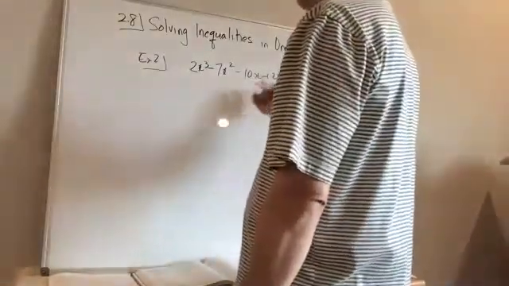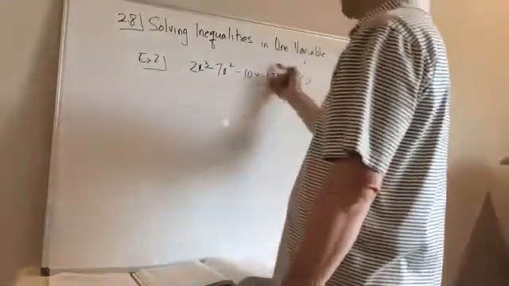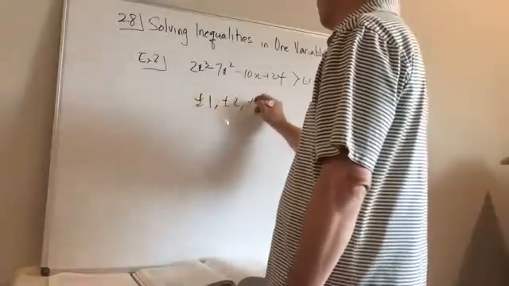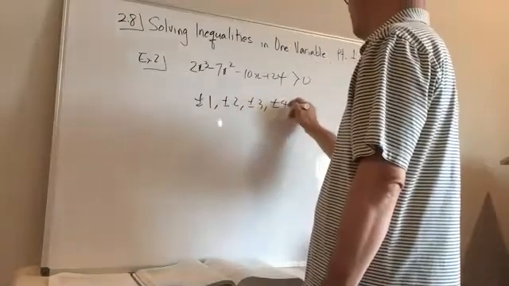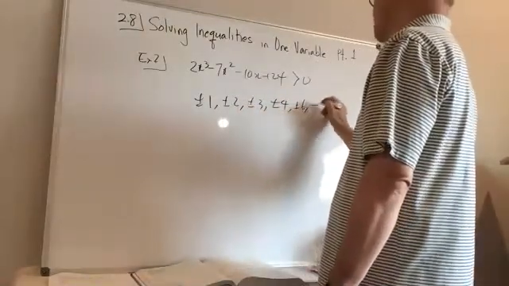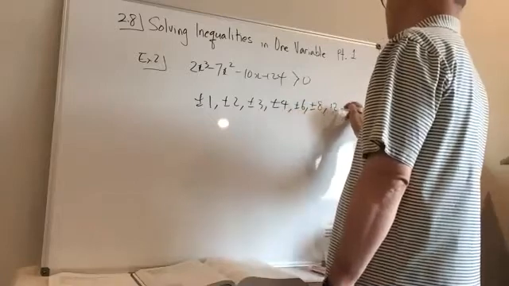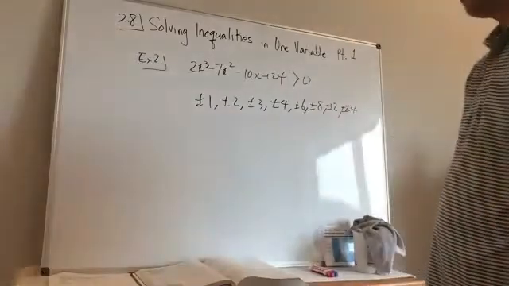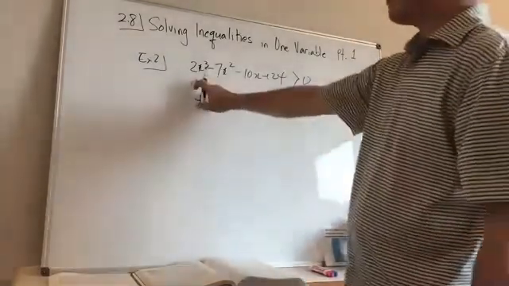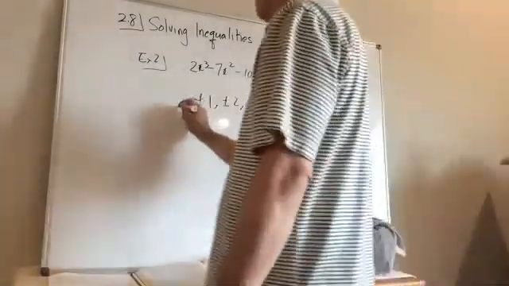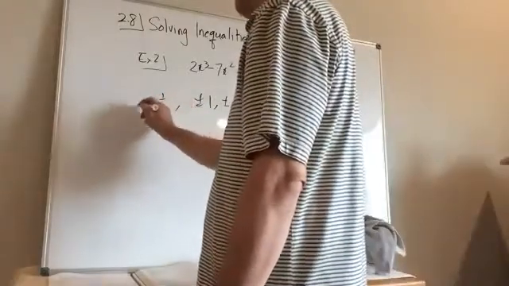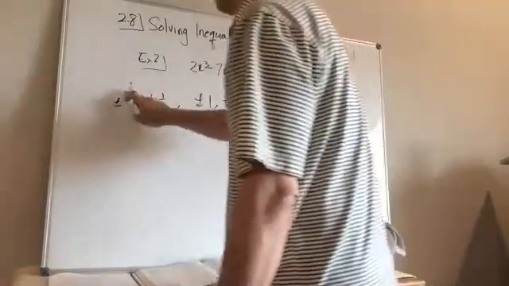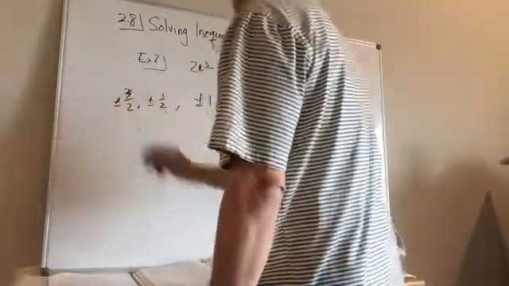What are the possibilities here? Since the end is 24, my possibilities are 1, 2, 3, 4, 6, 8, 12, 24. And then, since I have a 2 here, I also have to add plus or minus 1/2, plus or minus 3/2, right?